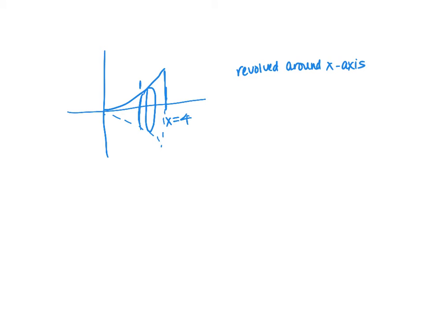The thickness of my disk in this case is dx, but my radius is going to look like a y value. So when I'm finding my volume, it's pi r squared times dx, but the radius is y.